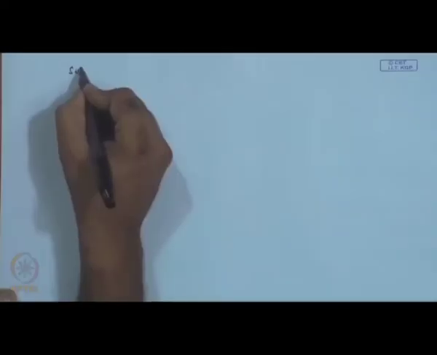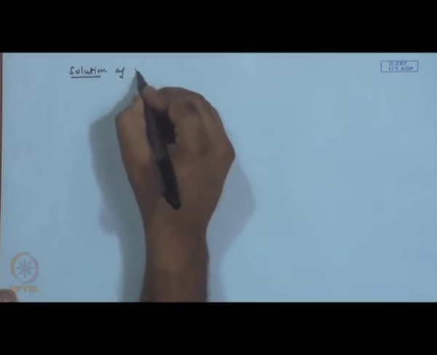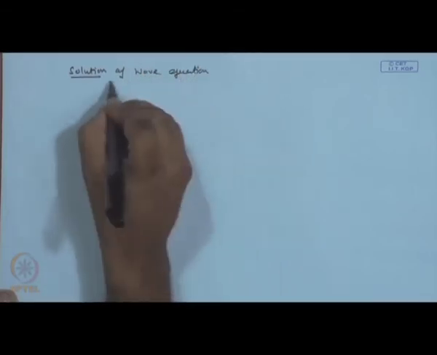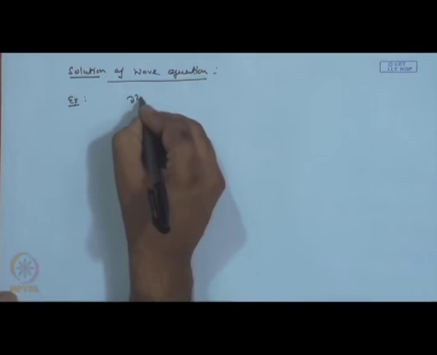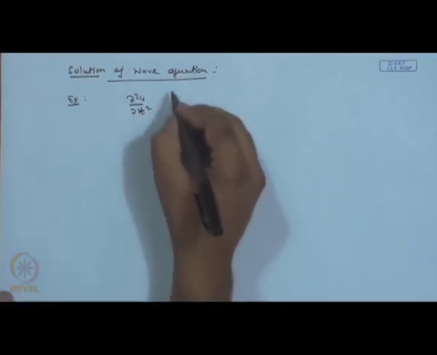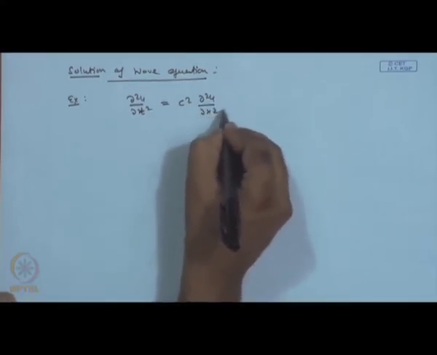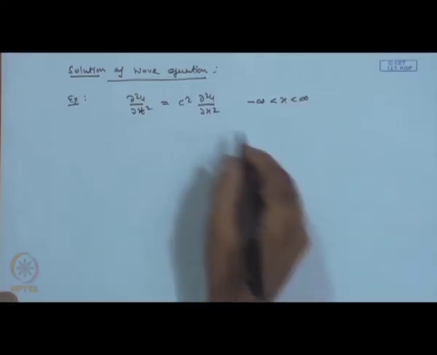So, we go now for the solution of the wave equation. We take this example: solve the wave equation ∂²u/∂t² = c² ∂²u/∂x², where x is given from minus infinity to plus infinity.